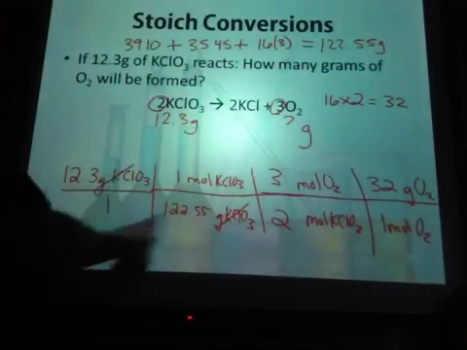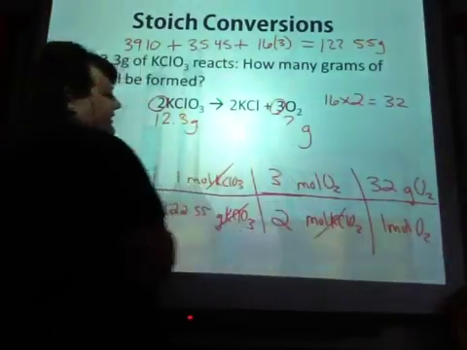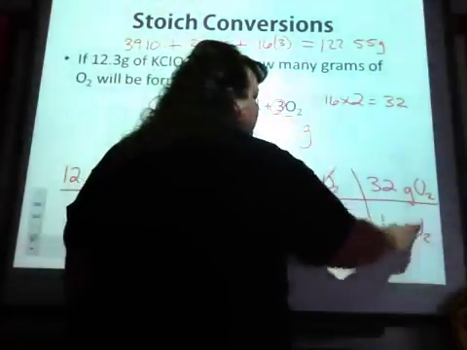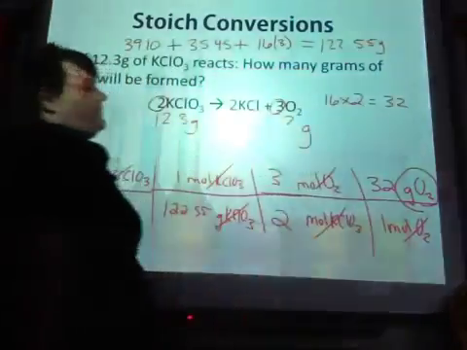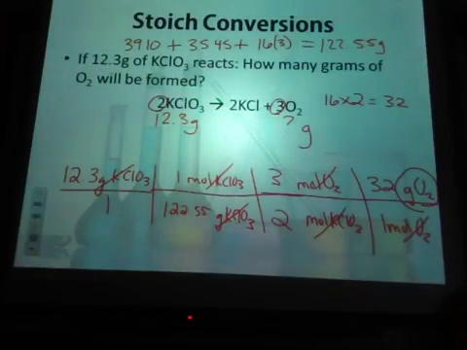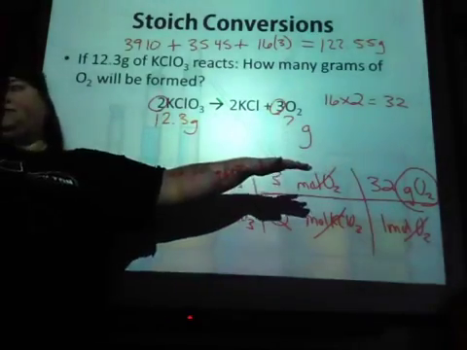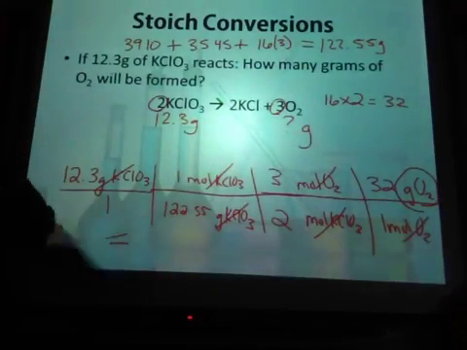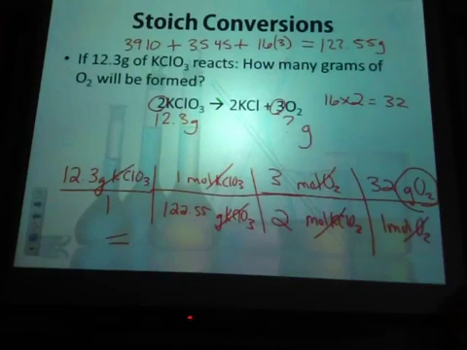Okay, so grams cancel with grams, moles of KClO3 cancel, moles of O2 cancel. We're left with grams of O2. So now we can calculate. Remember, any number on top means multiply, any number on bottom means divide. Doesn't matter what order you do them in.